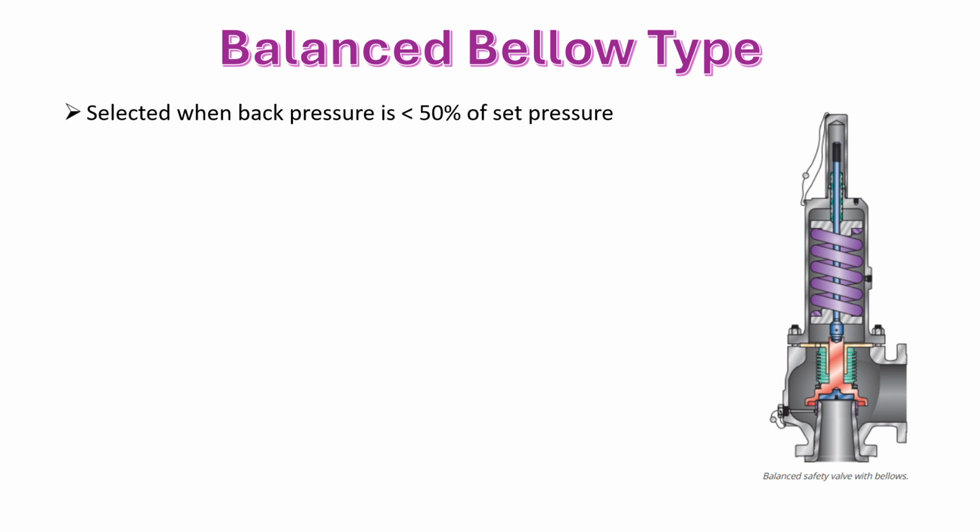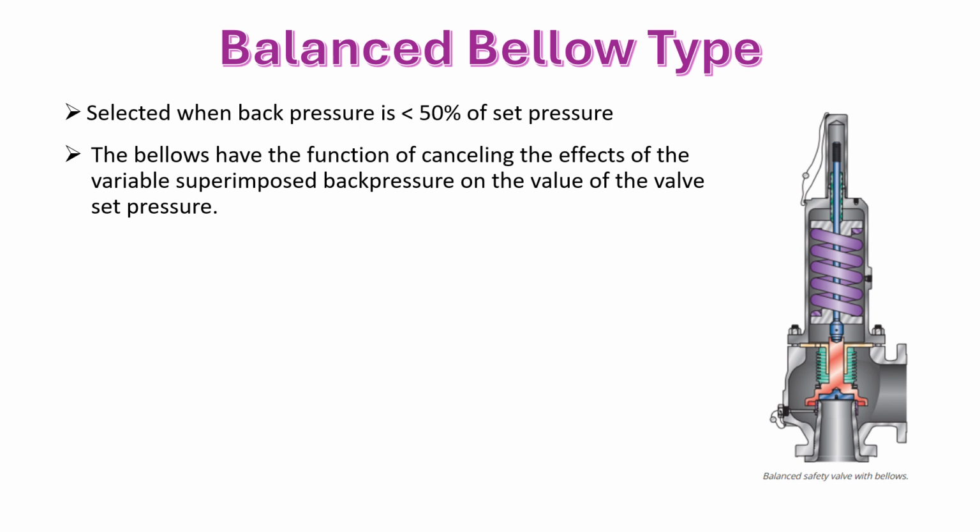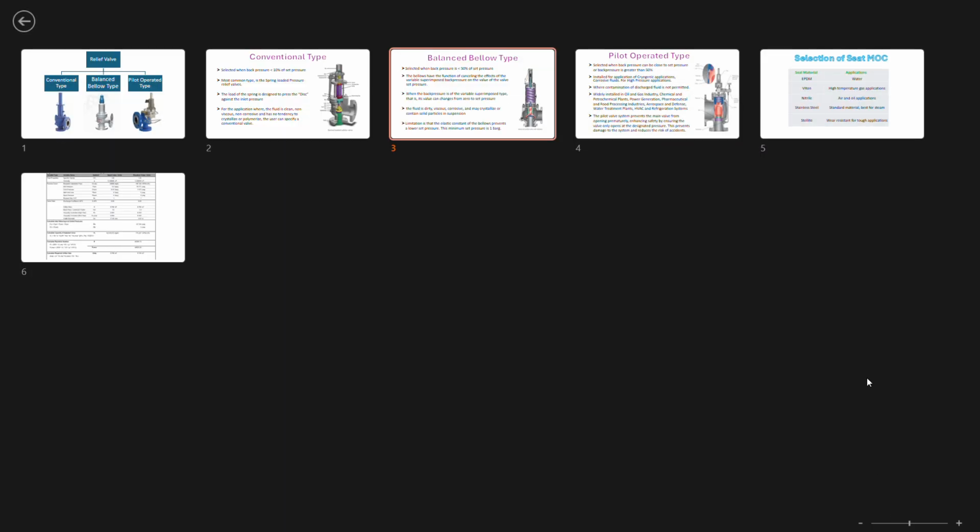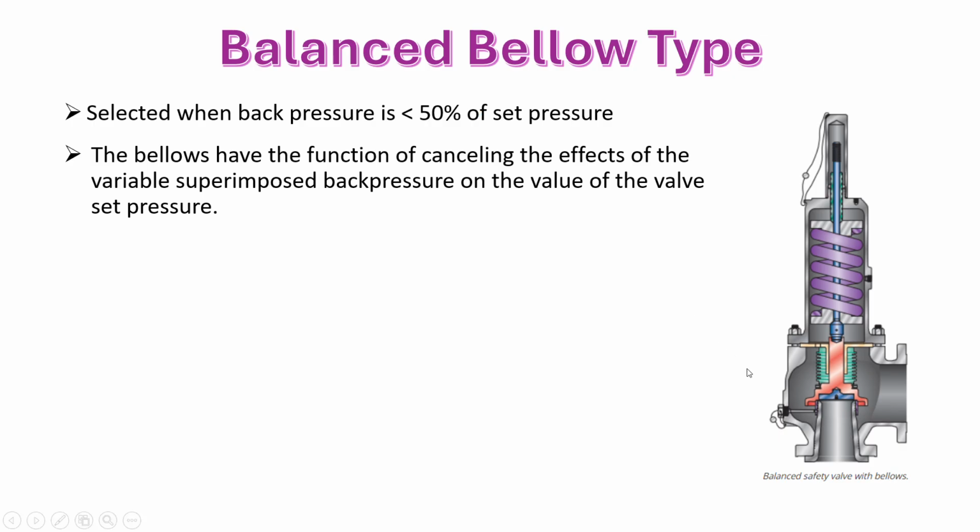The second thing is that it has a bellow. If you can see, the bellow is here, and it functions to cancel the effect of variable superimposed back pressure, which acts against the relief pressure or set pressure of the balanced bellow type valves, and it helps with back pressure compensation.